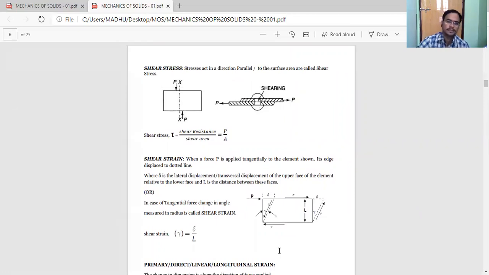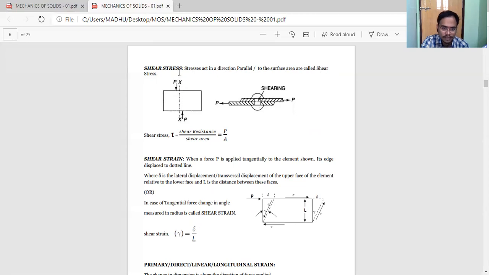Shear stress. The first one, normal stress, we have seen. Now it is shear stress. Stresses acting in a direction parallel to the surface area are called shear stresses. Either it should be parallel, or it should have some eccentricity.